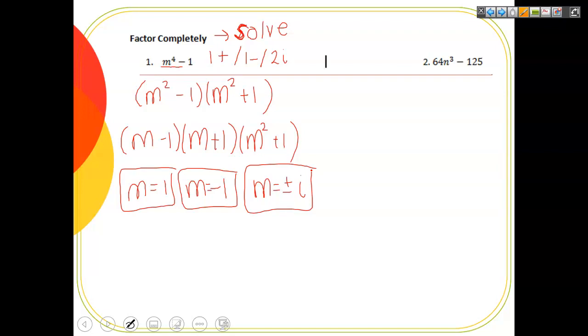So if you were to graph that n to the fourth minus 1, the leading coefficient is positive. Degree is 4. That means that the ends are high.